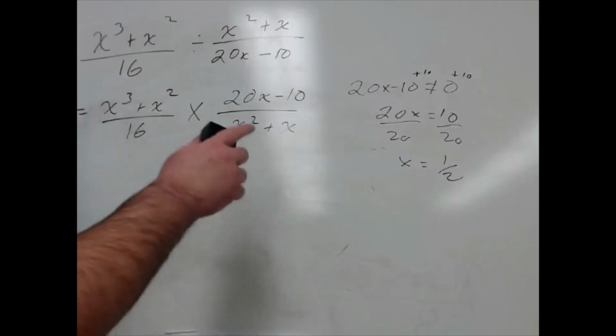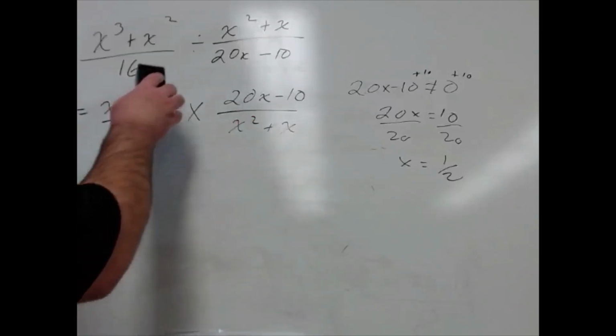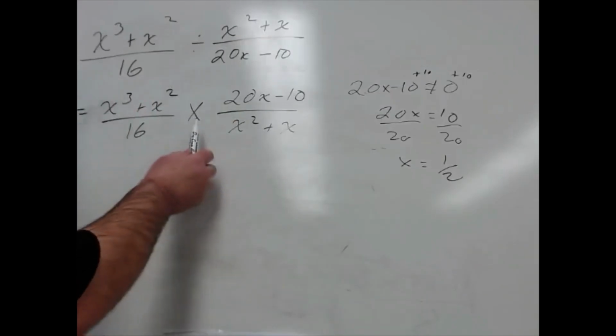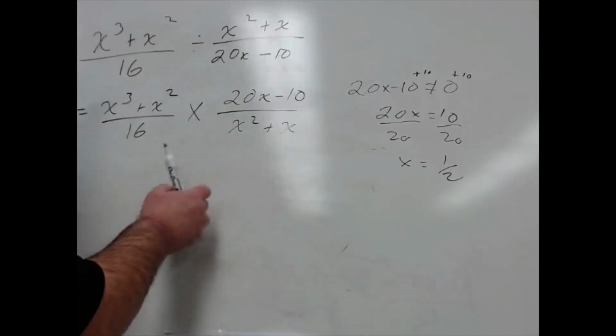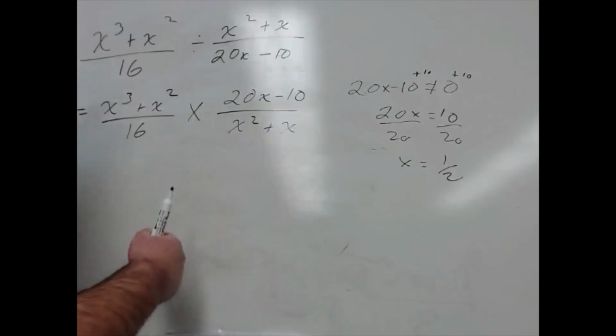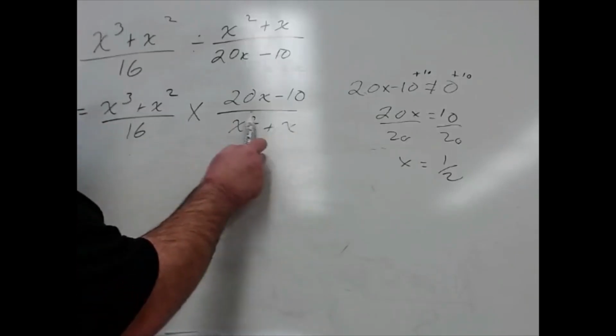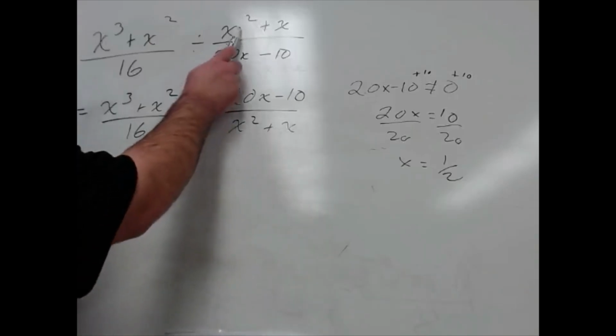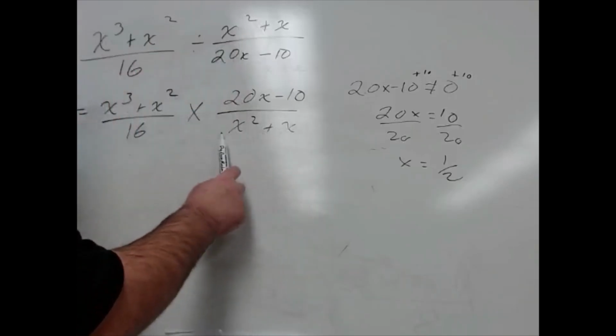However, you might notice that since this is a division expression, I really ended up multiplying by the reciprocal. So if I consider the non-permissibles here, then this denominator right here, which was the numerator of the original, also gives me another non-permissible.